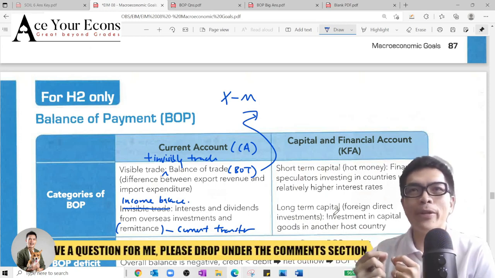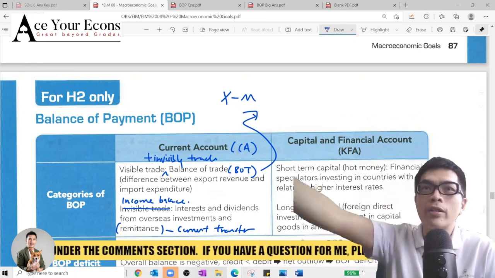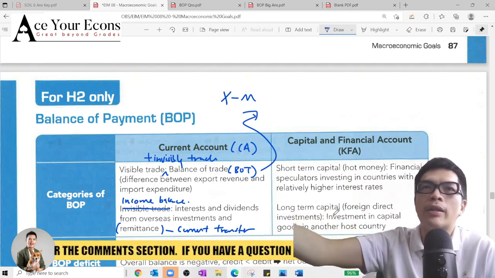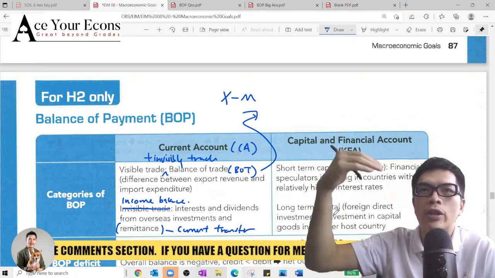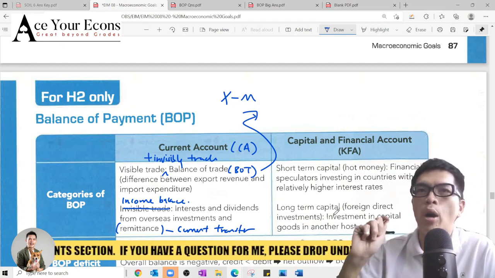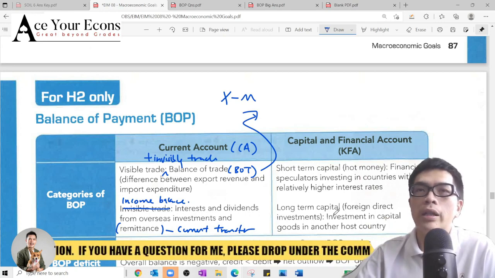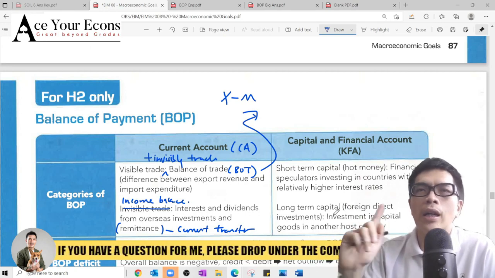Will the country be receiving more money or less money? When you sell to the rest of the world, there will be export revenue coming in. When you buy from the rest of the world, there will be import expenditure flowing out. So in a nutshell, we're looking at the net of the two.